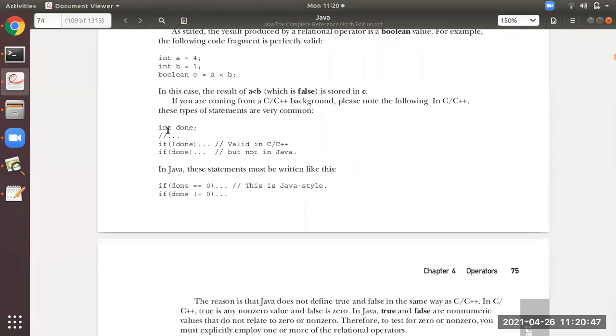Why? Because over here done is not a boolean value, it is an int. So 0, not 0 means that is 1, which is valid in C++. Over here, 0 cannot be termed as true or false in Java. Whereas if you use the relational operator, that will be valid in Java.